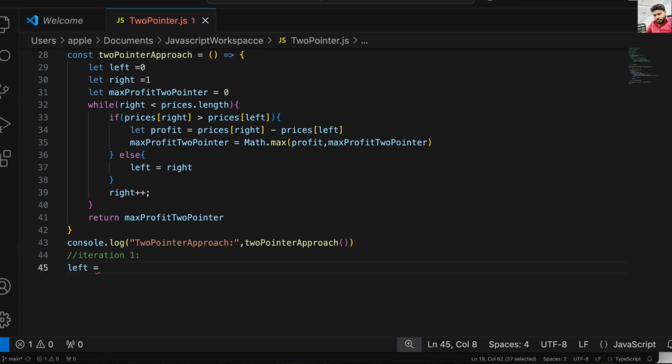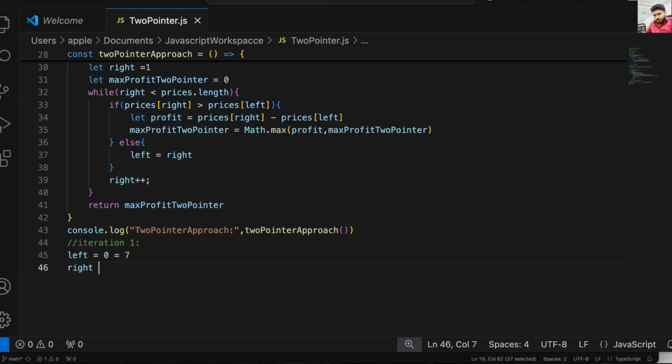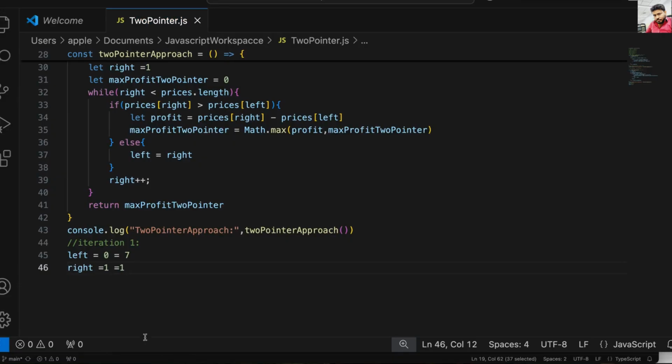Iteration 1. For iteration 1, left is equal to 0, which means the price value is 7, and right is equal to 1, so the value at 1 is 1. Okay, now we are going to compare in the while loop.